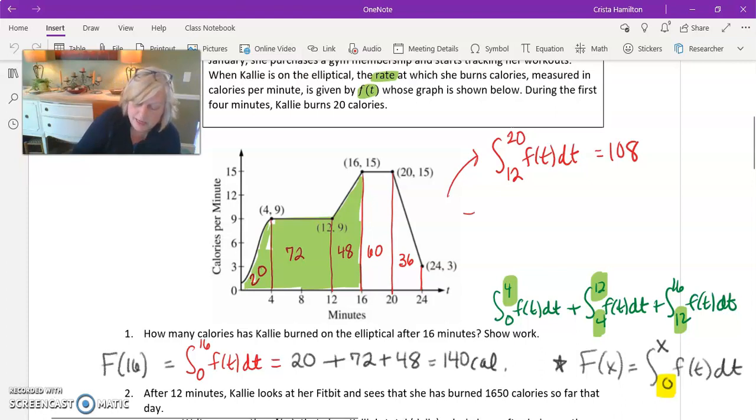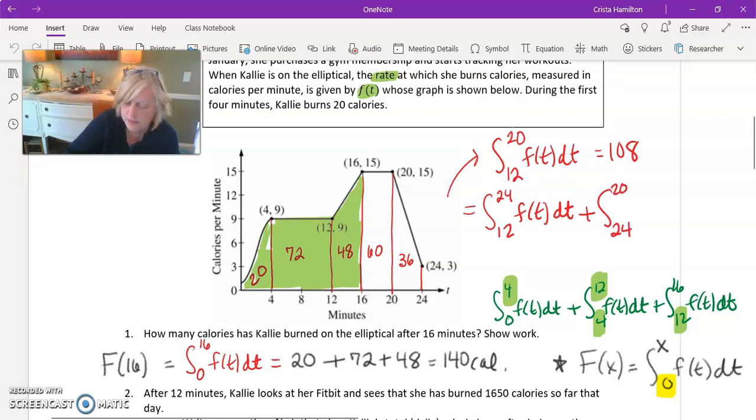But watch, I can actually do this by going forwards and backwards as much as I want to. So I can actually do the integral from 12 all the way out to 24 of f of t dt, add that to the integral from 24 back to 20 of f of t dt. And as I am doing that, 12 to 24 obviously would be the 48 plus the 60 plus the 36.